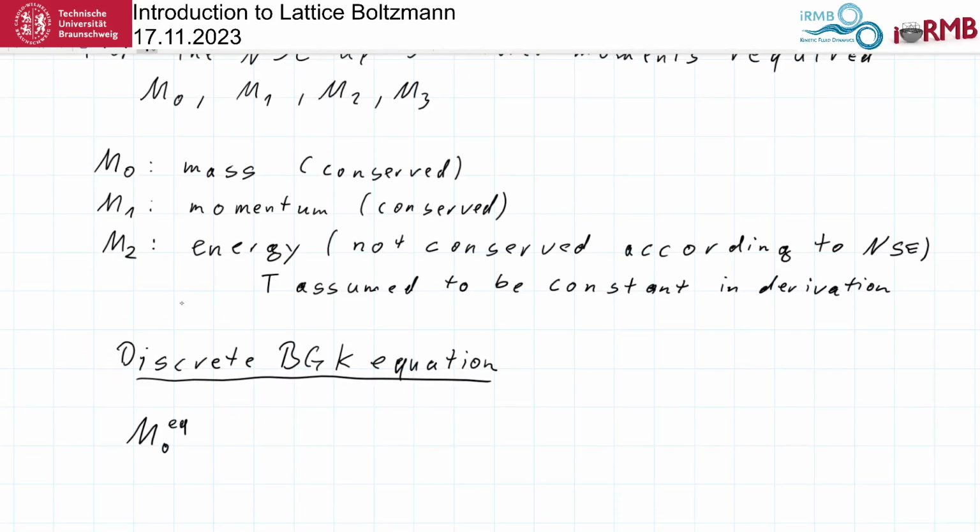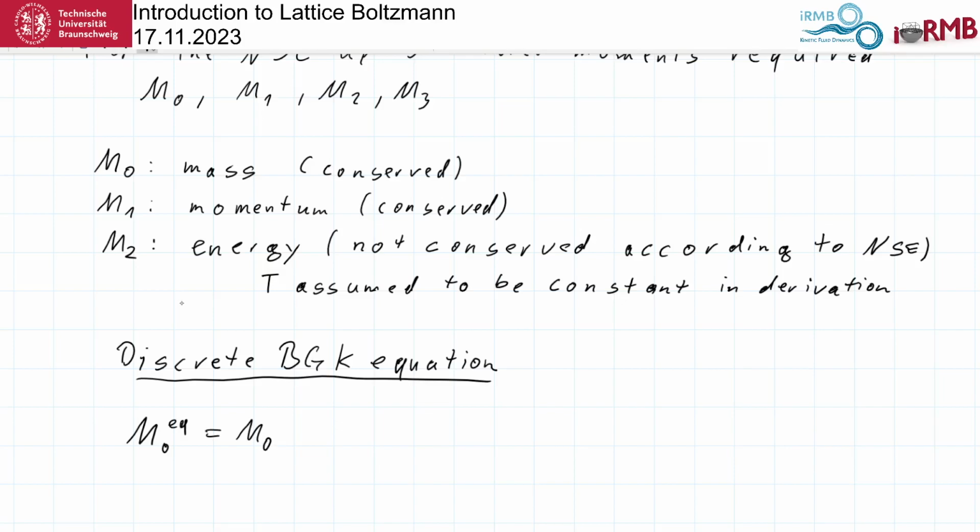What do we need in a BGK equation? We need the equilibrium, right? So we'll relax the distribution, or the population, to an equilibrium. So we need to know what the M0 equilibrium is. And since this is conserved, it must be the same.